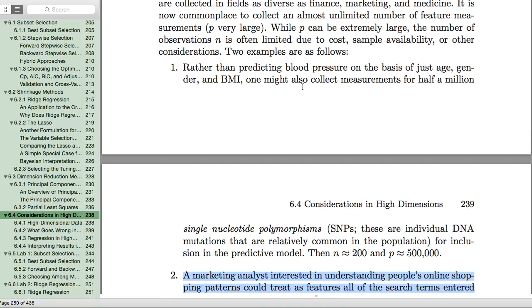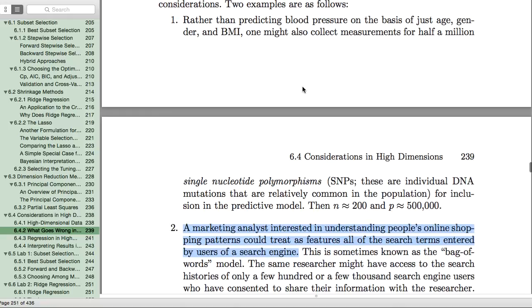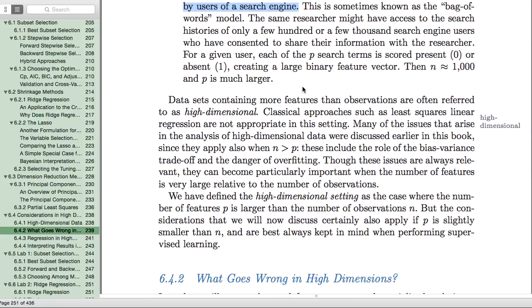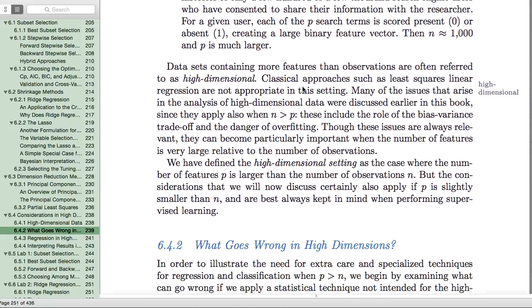The Internet of Things, for example, giving us the Fitbit and having all kinds of measurements that we can take on ourselves, health-related measurements. We can get a very, very large P quite easily in all kinds of network-connected phenomena.